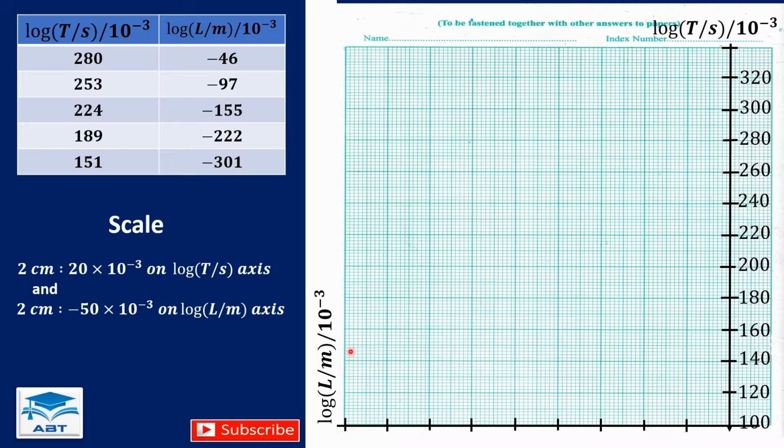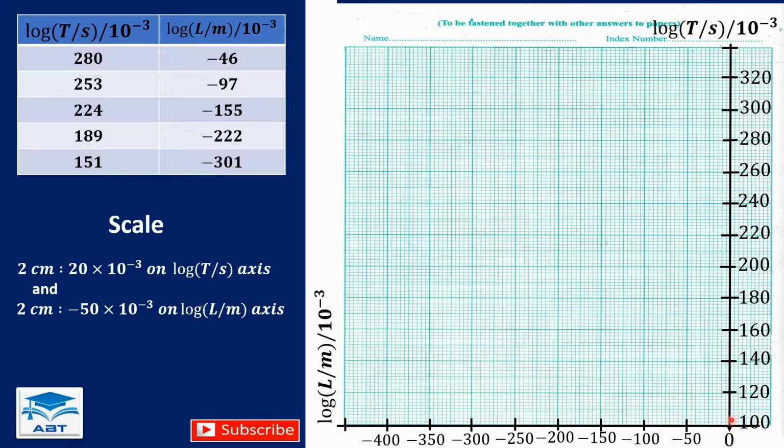And on the log L axis, we choose a scale of 2 centimeters to negative 50 times 10 exponent negative 3, but we start from 0. We have negative 50, negative 100, negative 150, and so on. On the vertical axis, each big box is equal to 20, and 20 divided by 10 is equal to 2.